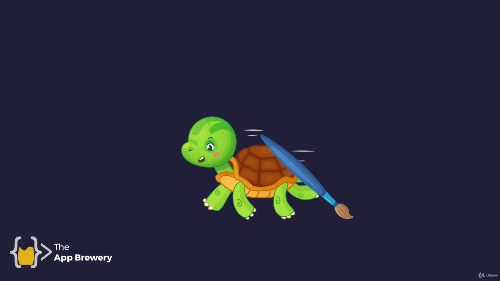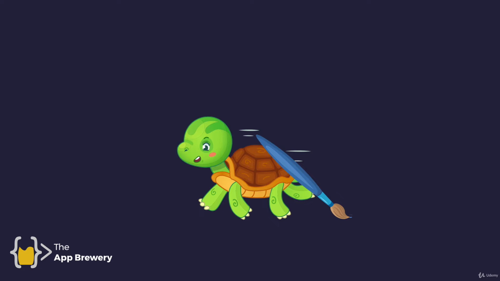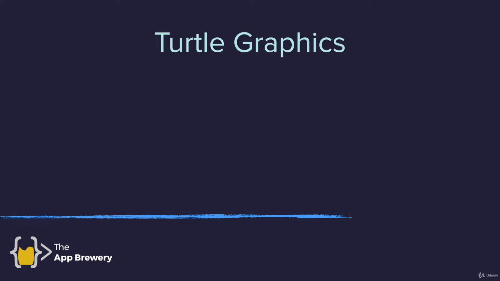Now, this turtle has a paintbrush on its back, and you can tell the turtle to dip the paintbrush in different colors, pick different size paintbrushes, and most importantly, you can tell it to draw onto the screen.